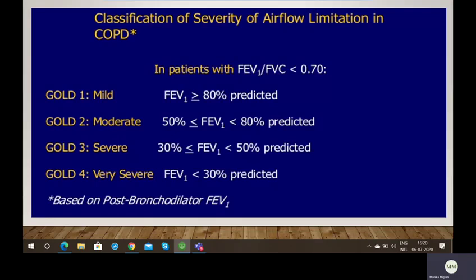Gold 2, that is moderate: FEV1 more than 50 but less than 80. Severe: more than 30 and less than 50 predicted. Very severe: FEV1 is less than 30% predicted. So this is related to the severity of airflow limitation in chronic obstructive pulmonary disease.